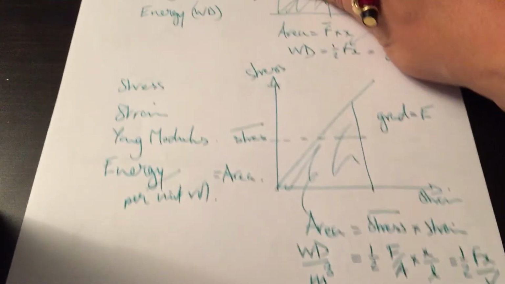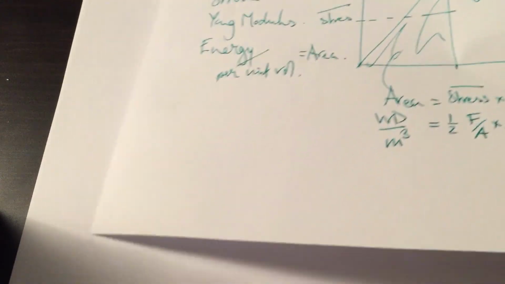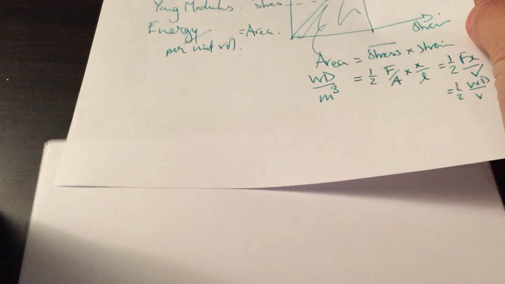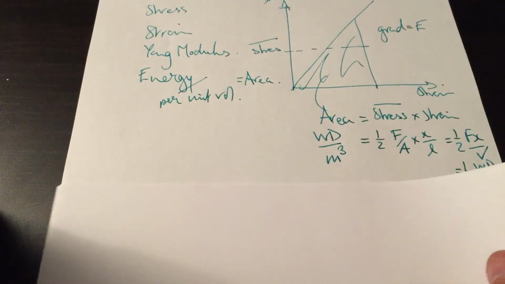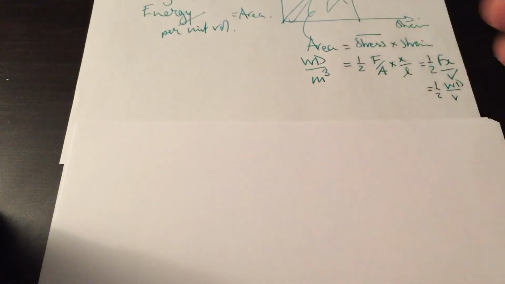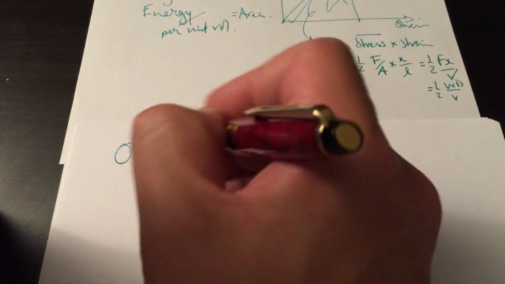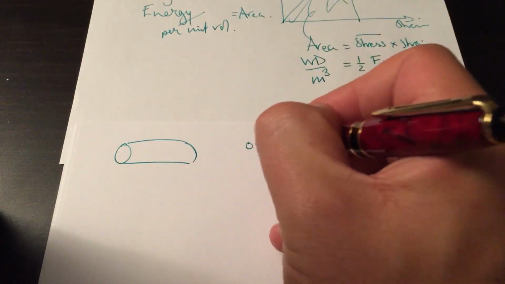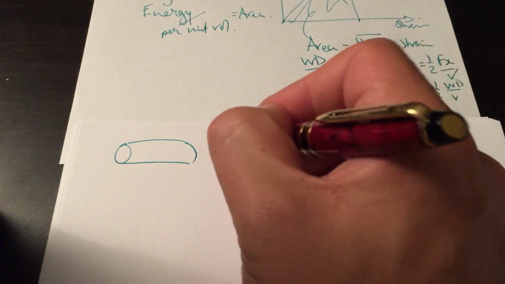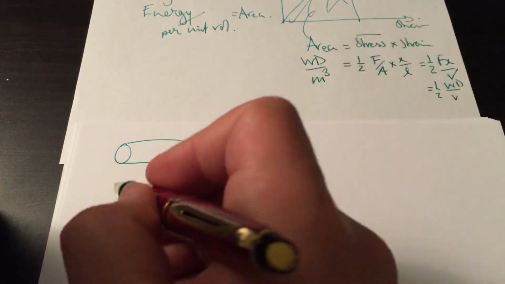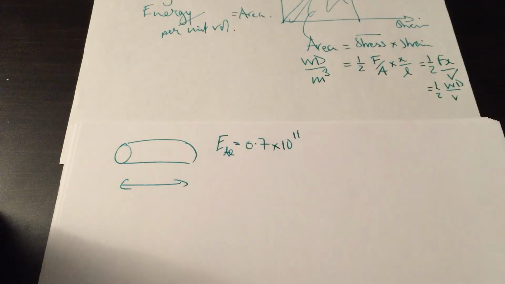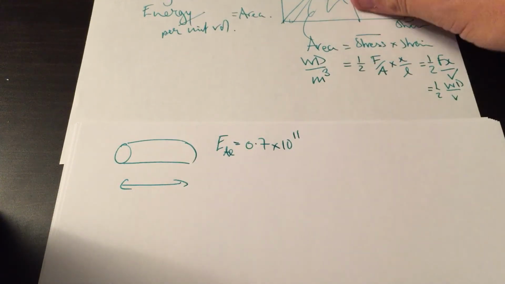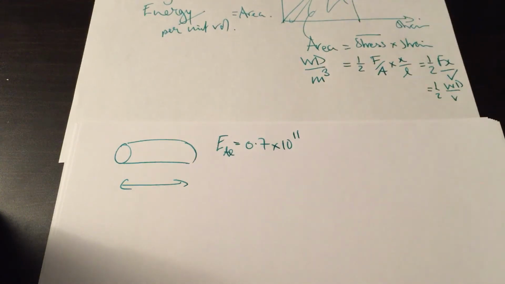Good, and let's do an example of that, shall we? Let's leave that there. So we might say to ourselves, let's go back to the aluminium one. 0.7 times 10 to the 11 Young's modulus. Let's imagine that was in the previous question.